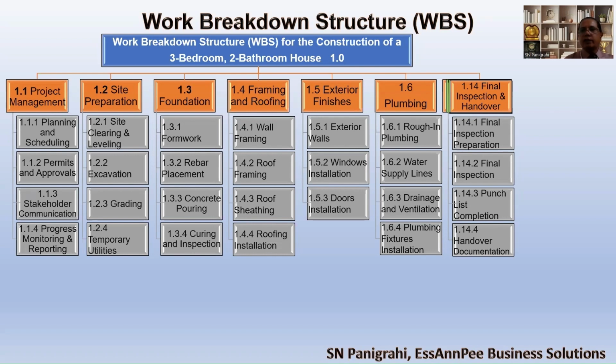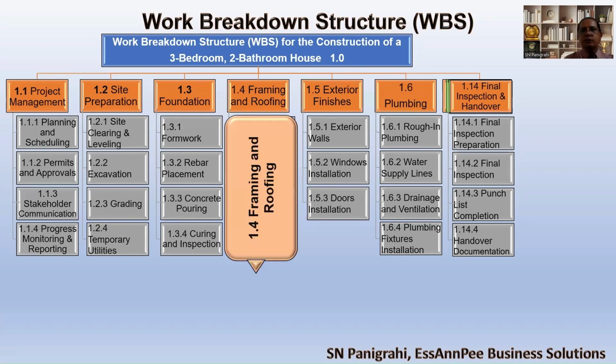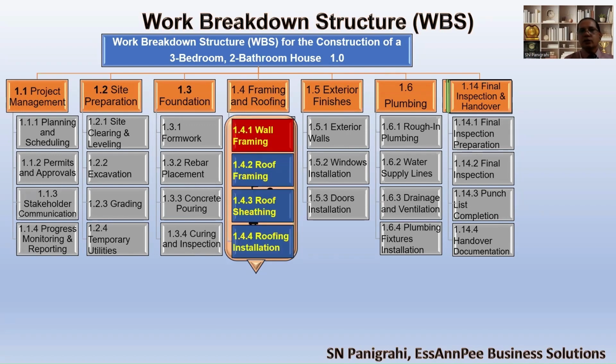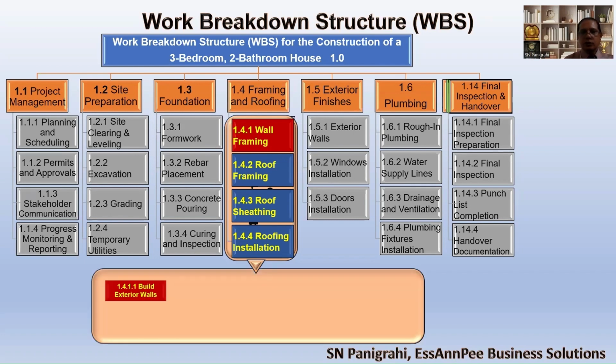That means these planning packages need to be broken down further into work packages. For example, forming, framing, and roofing are planning packages that we divide further into work packages. For example, the wall framing we divide into exterior walls and interior walls. So we are breaking these down further.